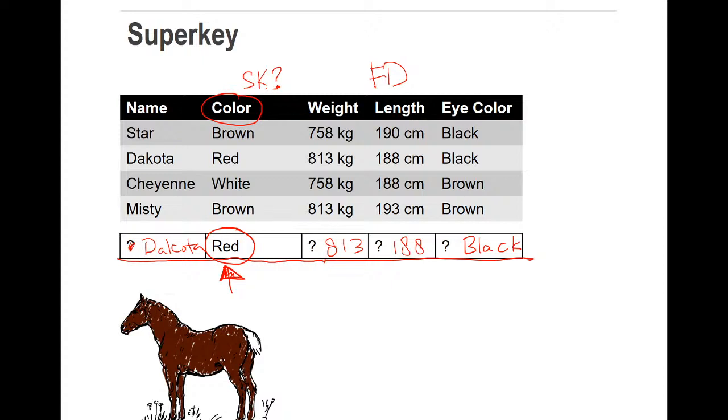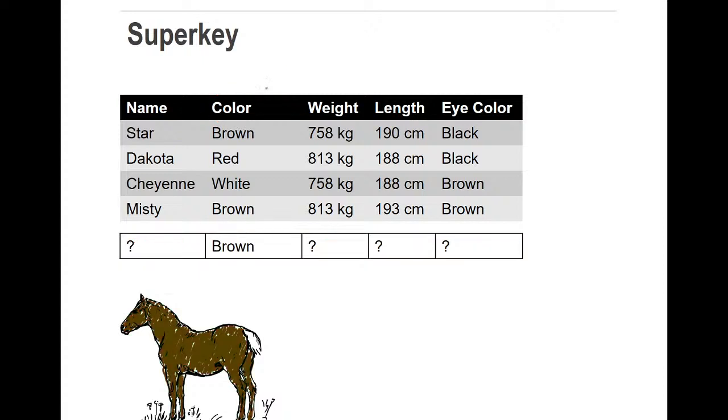Unfortunately, it's not, because there is a counterexample where I have a brown. If I ask what is this brown horse, I have two possible answers. One is that I have a Star and I have a Misty, which should have been a Star, but it was accidentally changed.